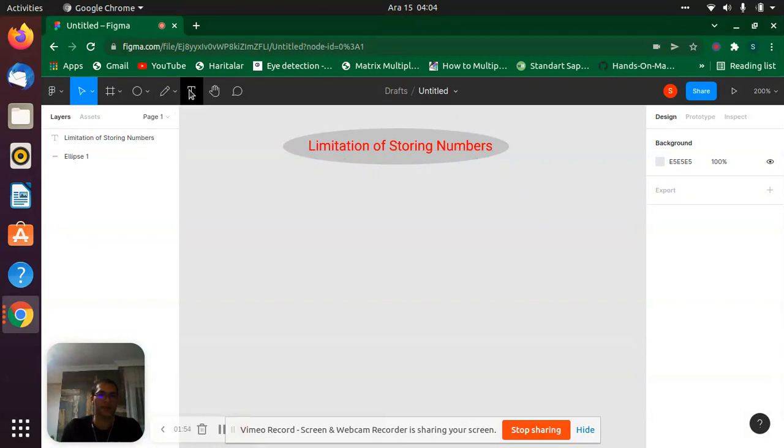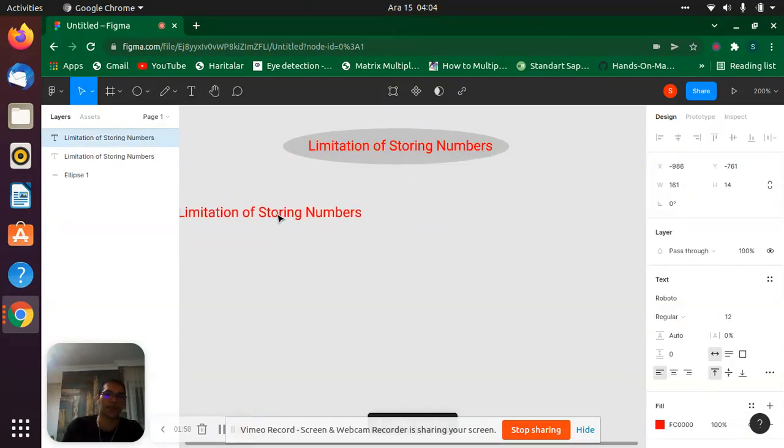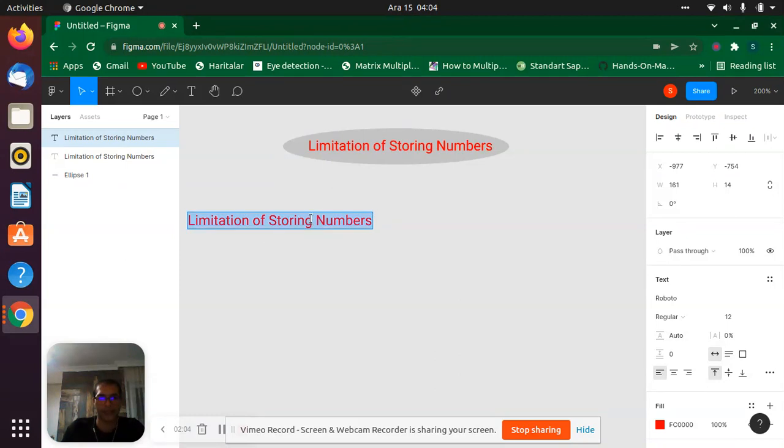And we have some subtopics, so I will duplicate this, and I will say for it: number limits and overflow and round off.